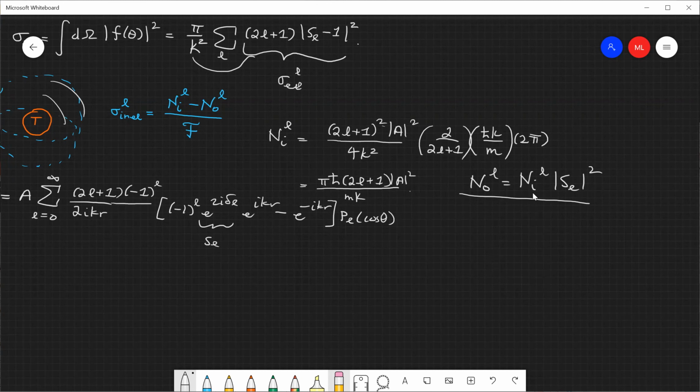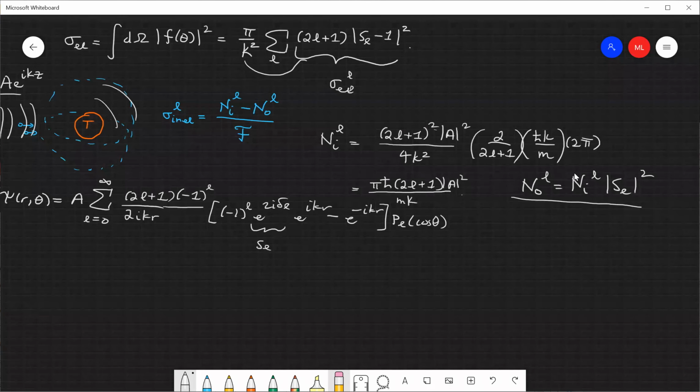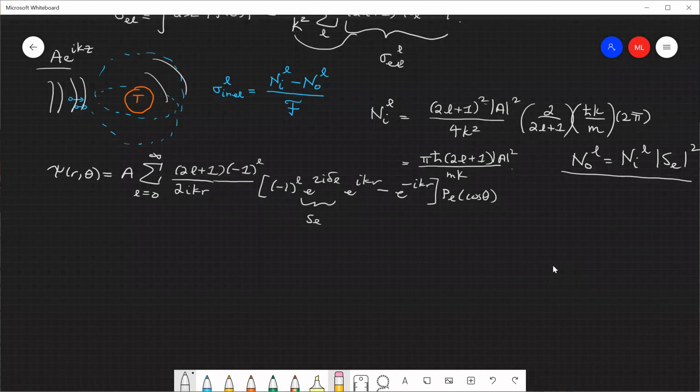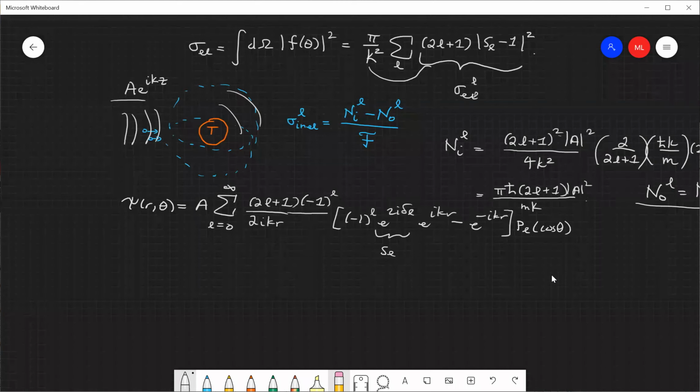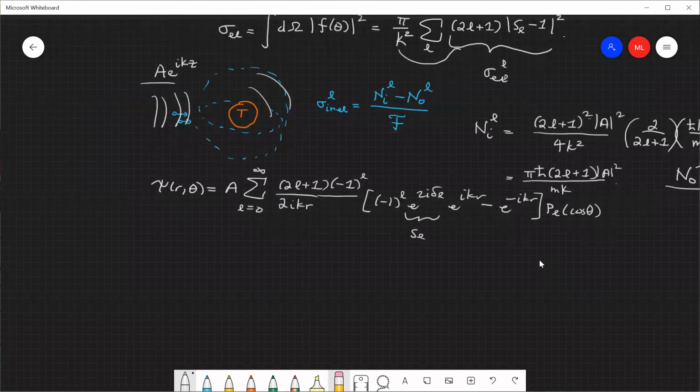So good. Now we can use this formula for the inelastic scattering cross section to figure out what it is. The inelastic scattering cross section must be the sum.